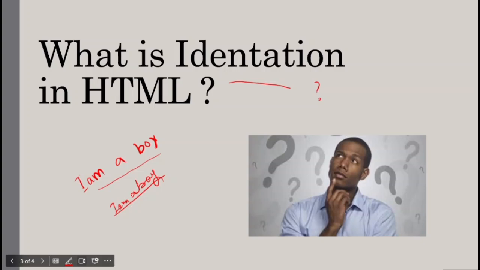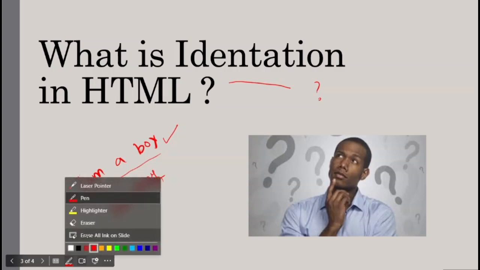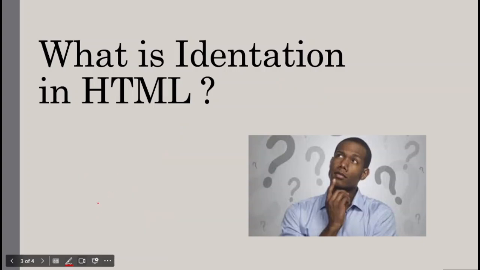So the most important work of indentation is that it makes code easy to understand and easy to write. These were the two main points about indentation, how it matters and what it means.